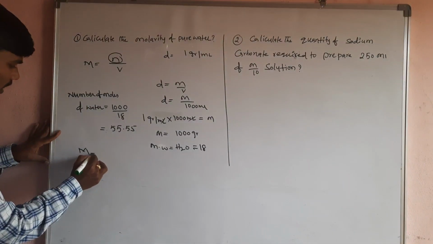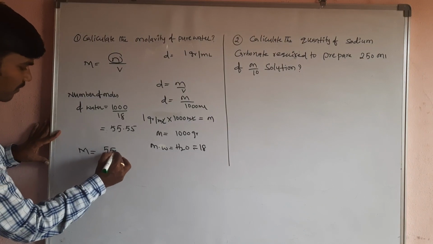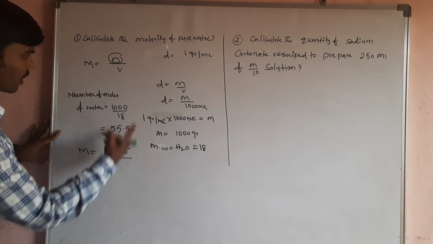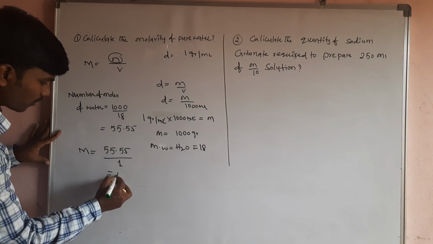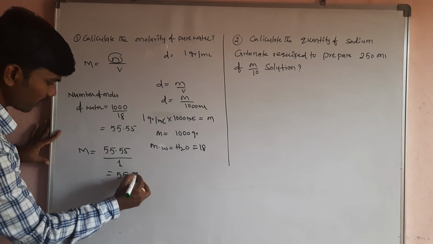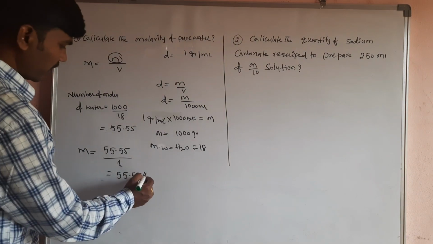Molarity is the number of moles, 55.55, divided by the volume of the solution, 1 liter. So the molarity of water is 55.55 M.